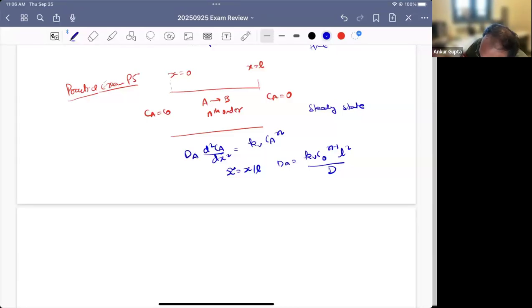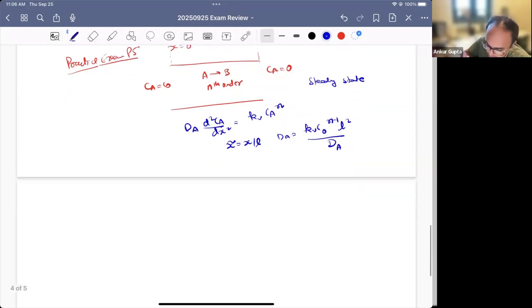You can verify this, it's not too bad, and it becomes very easy once you do it. You will get d square theta by dx tilde square is equal to Damkohler number times theta to the power of n, right? So this is our non-dimensionalized equation, and then theta of 0 is 1, and theta of 1 is equal to 0.